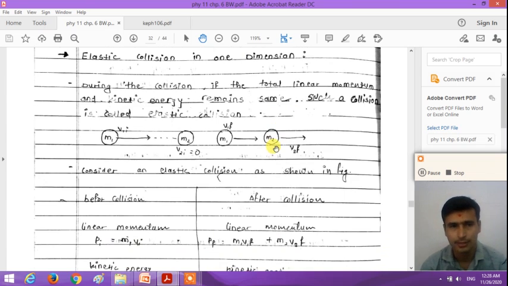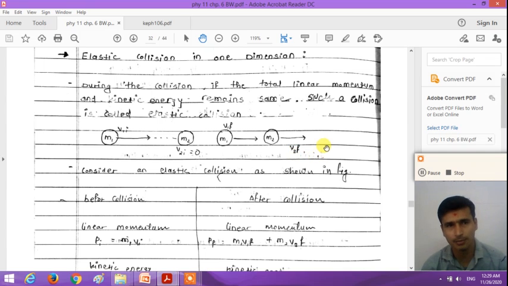So for that, consider an object m1 moving with velocity v1i and object m2 stationary, so we can take the velocity v2i equal to 0. Both objects m1 and m2 collide at some instant, and after the collision, the velocity of object 1 is v1f and the velocity of object 2 is v2f.